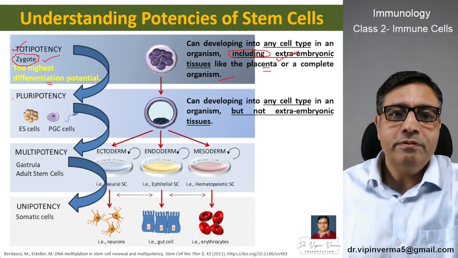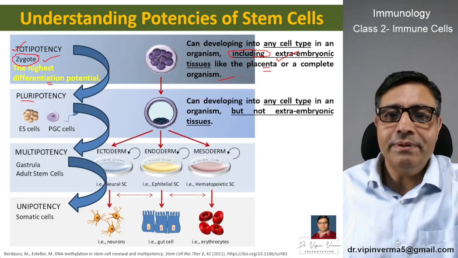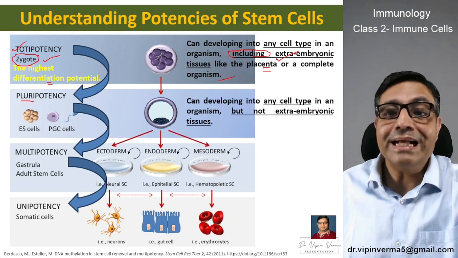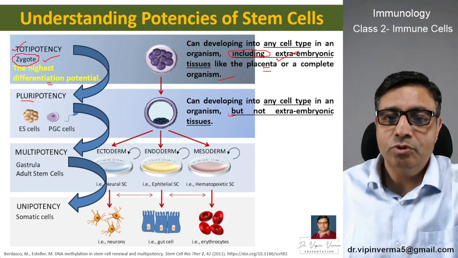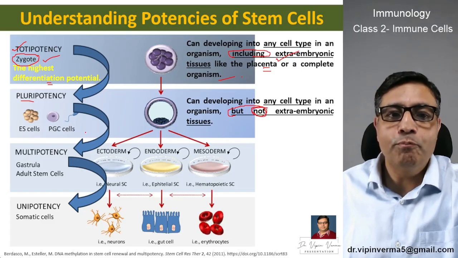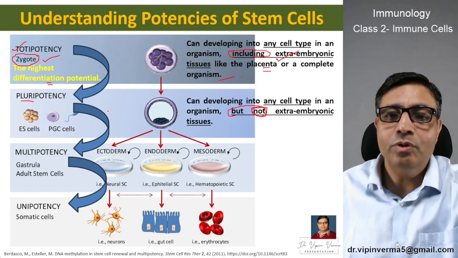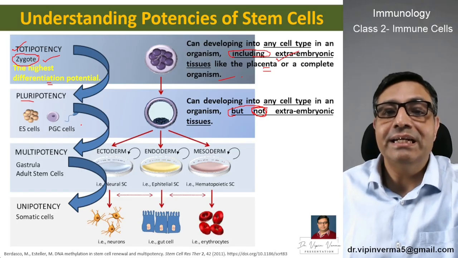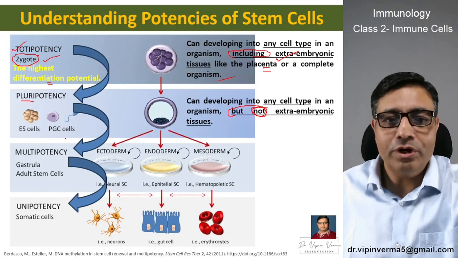Then comes pluripotency. Pluripotent cells can develop into any cell type in an organism, but not extra embryonic tissues. So the important part is that extra embryonic tissues are not formed by the pluripotent cells, although they can develop into any cell type inside the body.